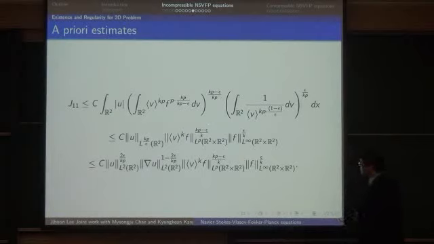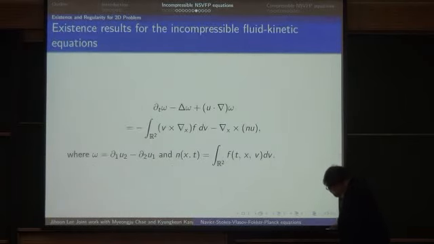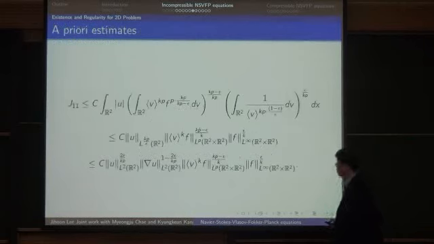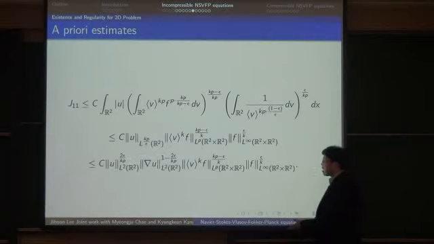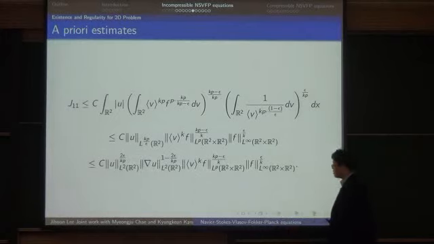We will use that this is integrable, and to make this term integrable, we have some restriction on the range of K. Then using the Hölder inequality, we have this one, and then using Young's inequality, any other terms can be controlled by the regularity of the weak solutions, and all the other terms can be controlled by using Gronwall's lemma.